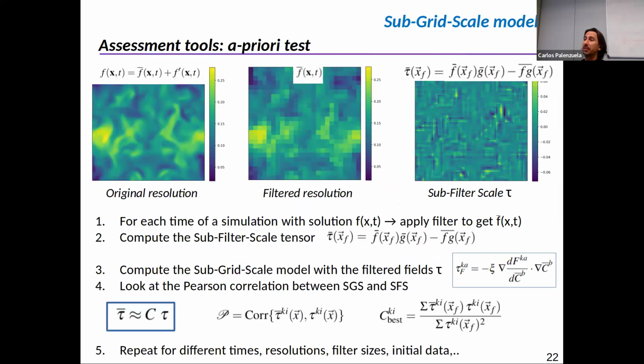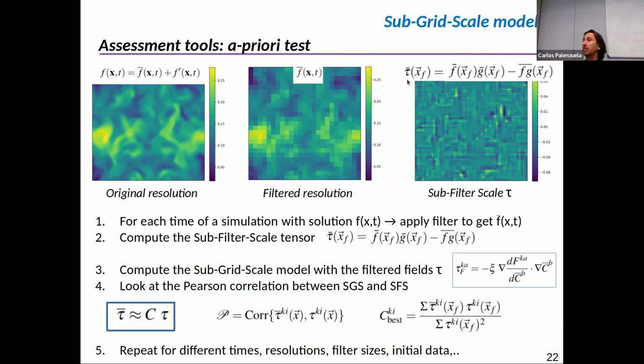We can also assess if this approach is correct, and for that we can take a simulation with high resolution, and we will consider that this high resolution is the full solution. Then we can take averages of this solution, with some compact support kernel, and we can also construct the residual by subtracting these two.